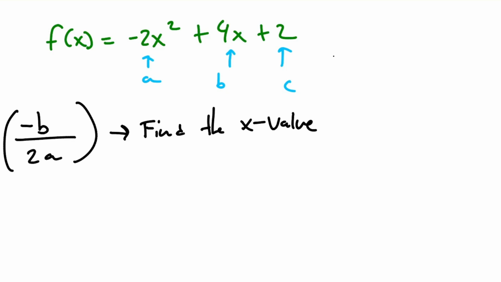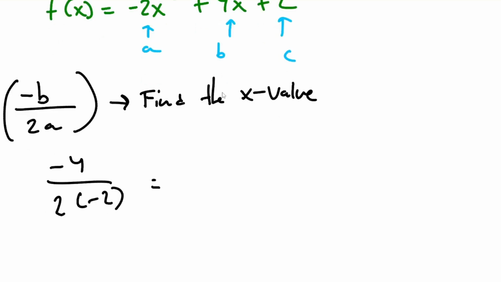It'll be minus b, which is minus 4, over 2a, which is 2 times negative 2. This is equal to negative 4 over negative 4, so this would be equal to a value of 1. So I know my x value is equal to 1.